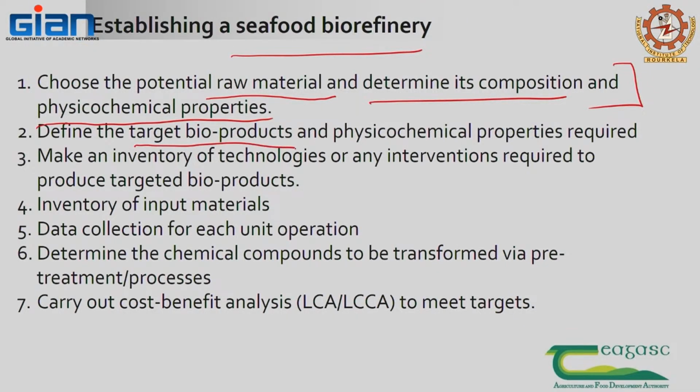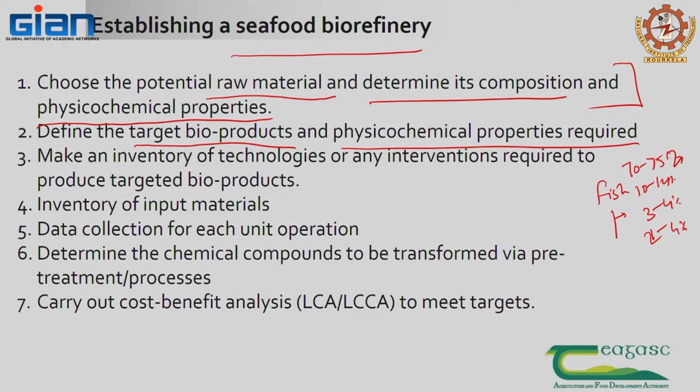Second, define target bioproducts and the physico-chemical properties required. Think of the shells of a fish. If you have a fish, what all it contains, composition, moisture, 70 to 75% moisture, 10 to 14% protein, any general fish, 3 to 4% oil, 2 to 4% ash, or within this protein how much is collagen.